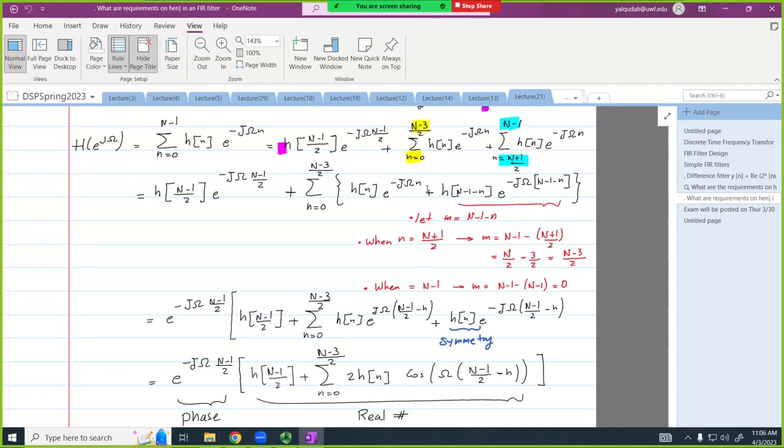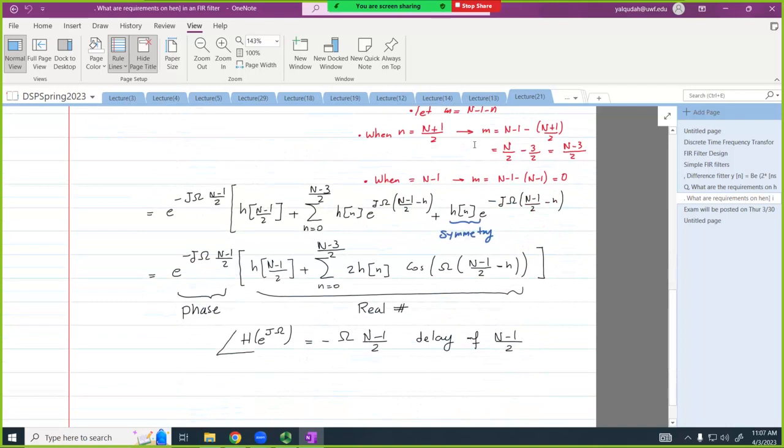And therefore, we have the summation from 0 to (N minus 3) over 2 of h of n e to the negative j omega (N minus 1 minus n) over 2. And what we've done here is we've taken e to the negative j omega multiplied by (N minus 1) over 2 as a common factor out. So it's going to shift all the phases inside the summation. Okay.